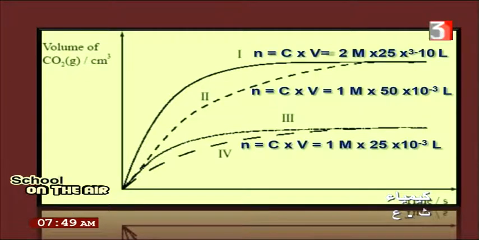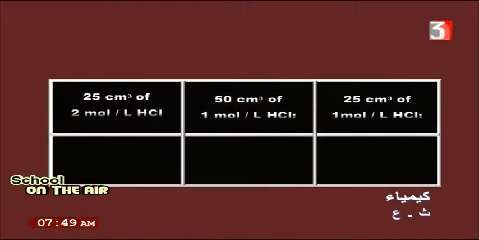While in the next graph, number 3, the concentration is 1 molar and the volume is 25, so the number of moles will be less than the previous two solutions. So the graphs that represent the right answer are 1, 2 and 3, as shown in the PowerPoint show.